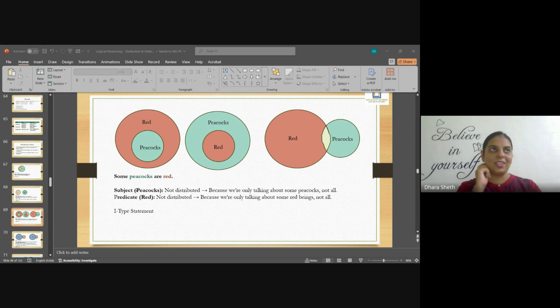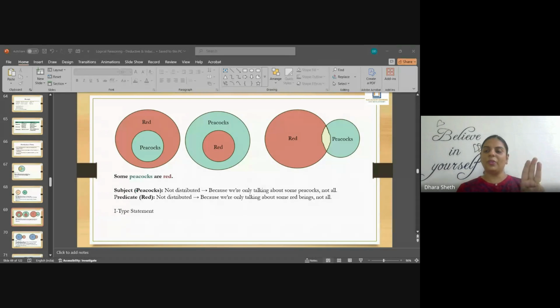Now, instead of peacocks, if I say some unicorns are red, unicorns do not exist in this world. Now, the problem of blue peacocks is gone. So let's say some unicorns are red. No one can tell whether unicorns are red or silver or rainbow or God knows what colors they come in. Now, we have three possibilities.